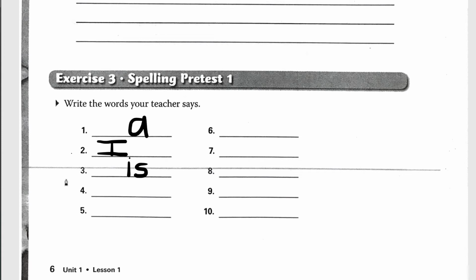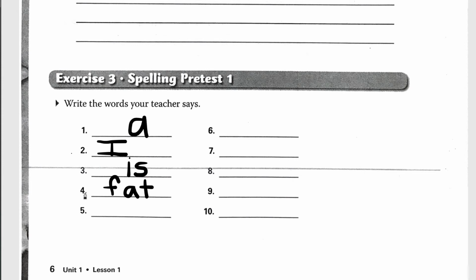Okay, number 4. Fat. Some meat has a lot of fat. How do you spell fat? F. What comes next? A. T. Good job, guys. That is how you spell fat.